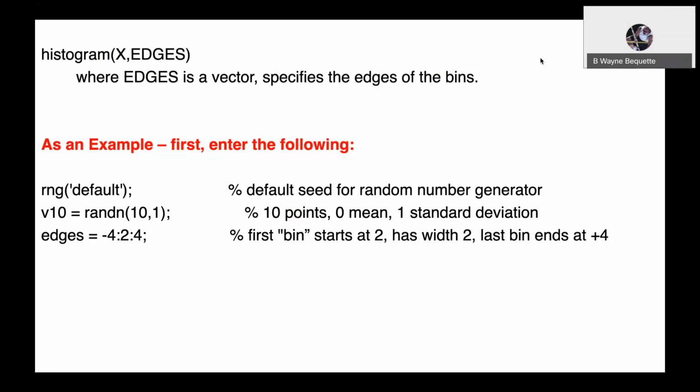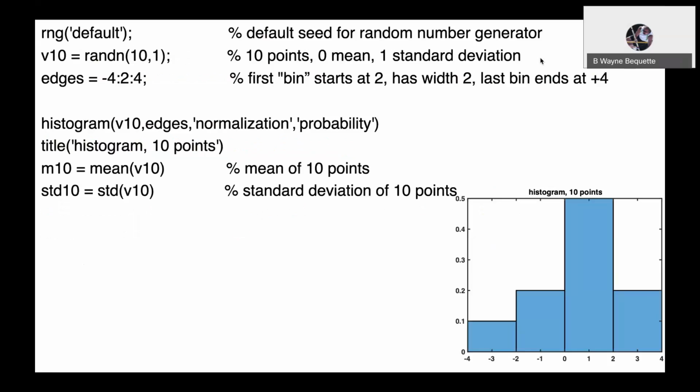So the first bin starts at -4, has width 2, and the last bin ends at +4. And that is how we actually generated the histogram shown on the lower right-hand side.